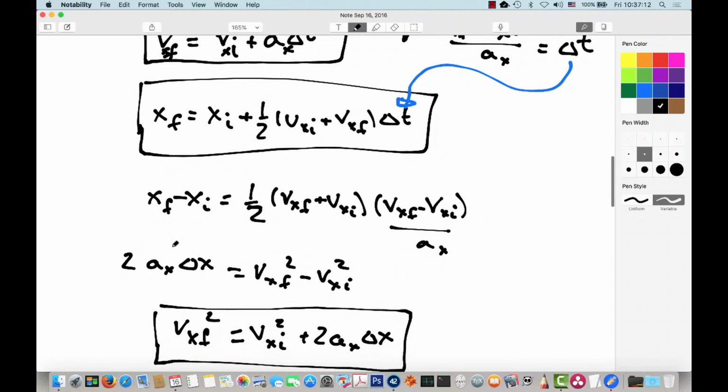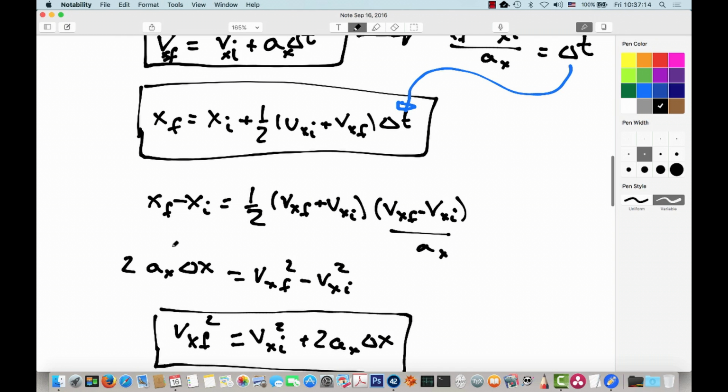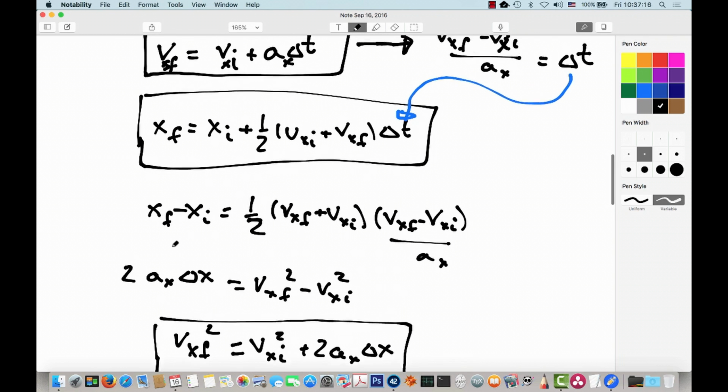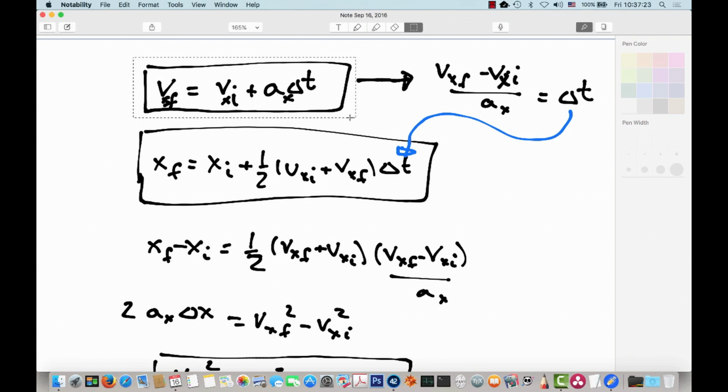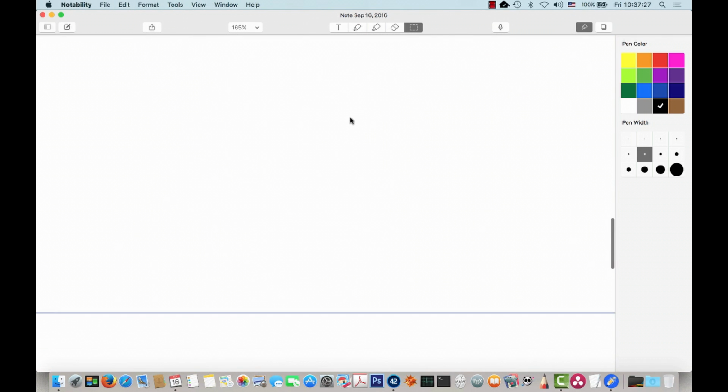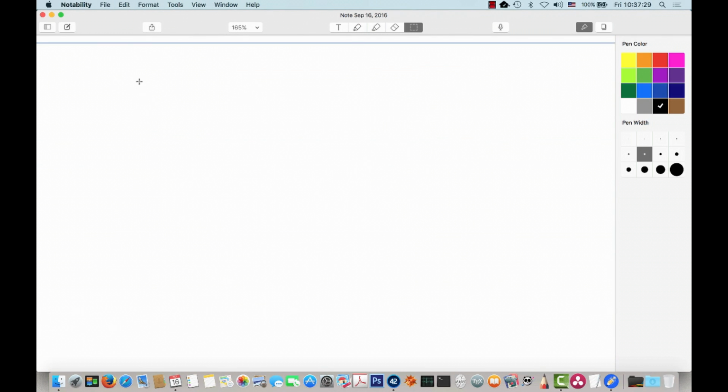Okay, so that's my fourth member of my gang of four. So let me go ahead and put them all together in one spot, and then we'll discuss it a little more. So first we've got this guy. So we'll copy, let's start a new page here. Paste.